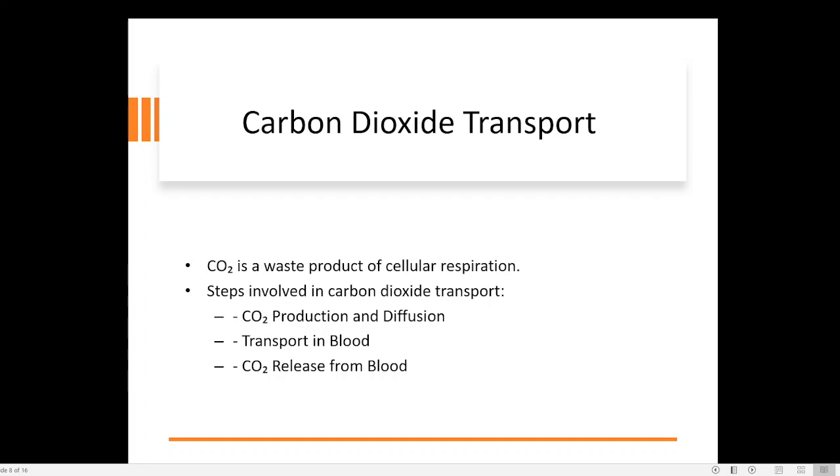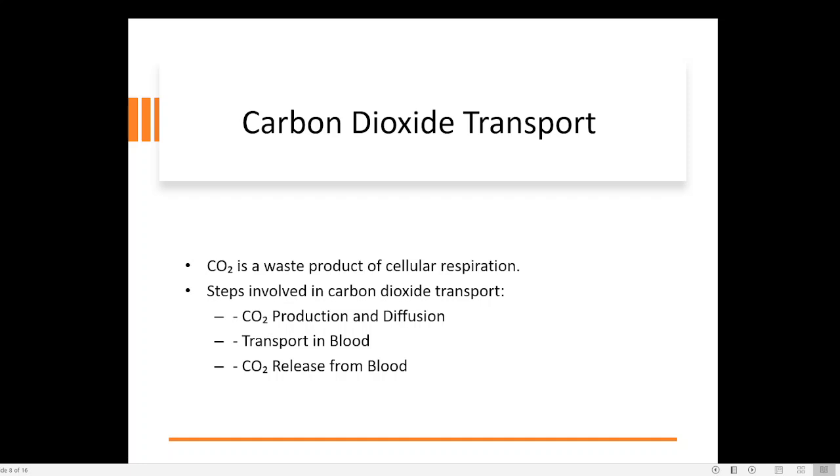See here also we can see that the main steps involved in carbon dioxide transport are, first, production of carbon dioxide and its diffusion into the blood, then transport in the blood, then carbon dioxide will be released or removed from the blood into the gases present in the alveoli.